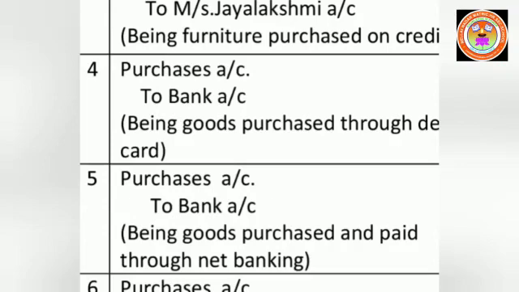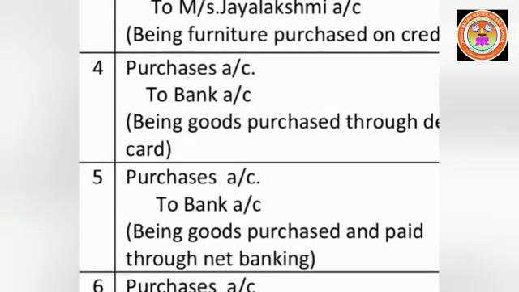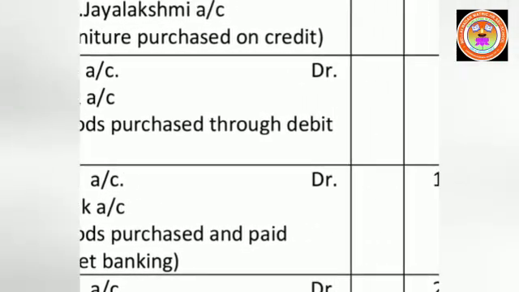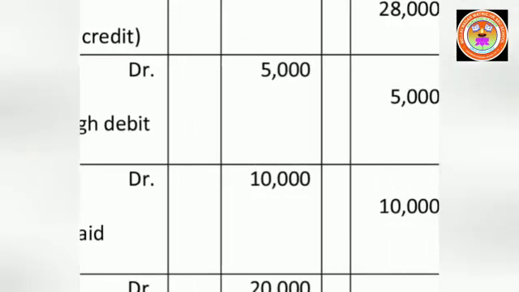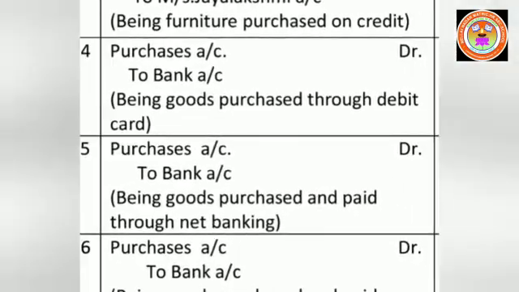Then the banker will be the giver, so bank account must be credited, to bank account. Amount is rupees 10,000 on both columns. Do you understand, children? Then write the narration, being goods purchased and paid through net banking.